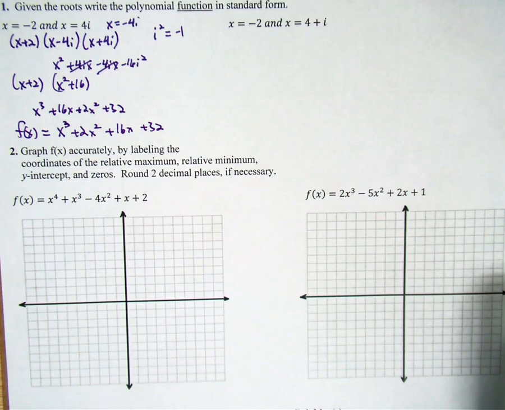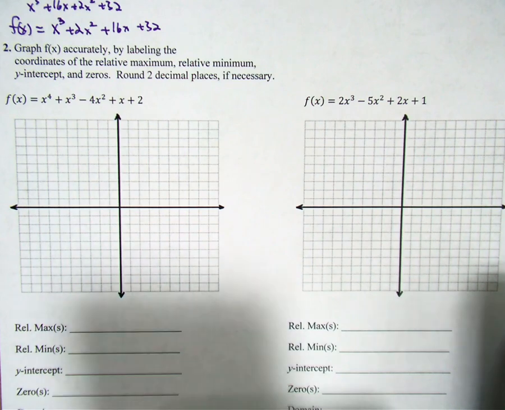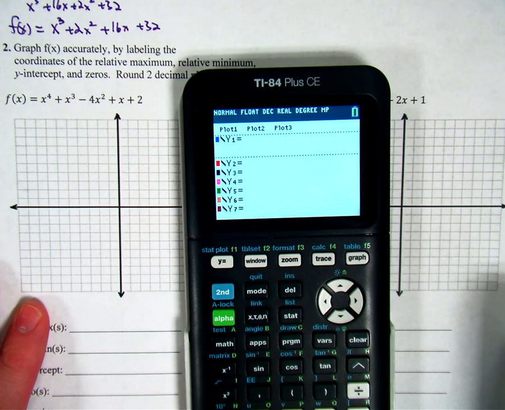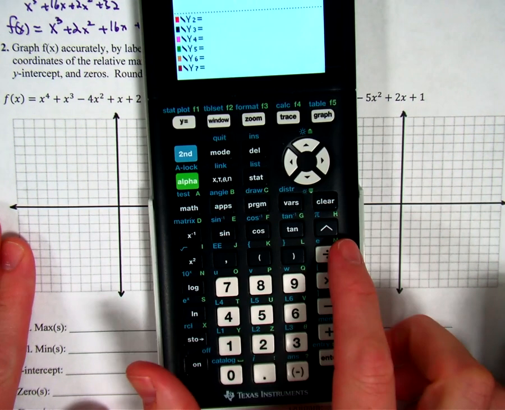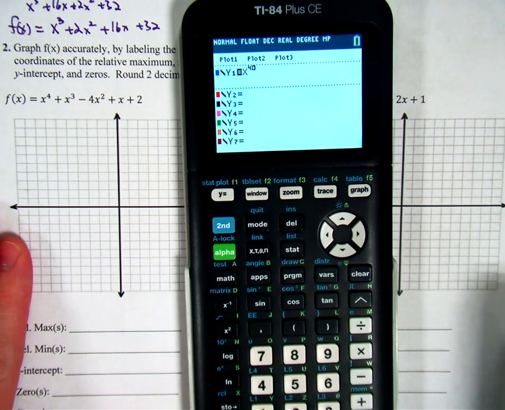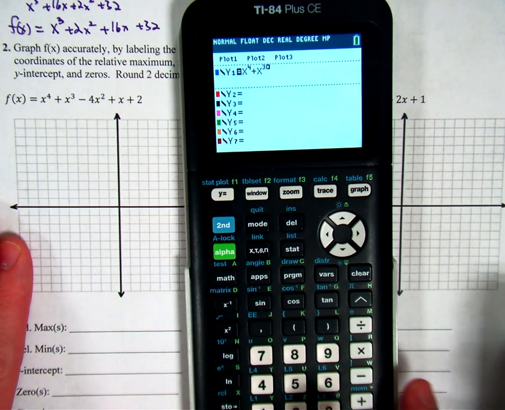Next problem. Graphing f of x and labeling all the coordinates of all these special points. So, typing this into the calculator, we have y equals x to the fourth, x, power button, 4, arrow down, plus x to the third, arrow over there, minus 4x squared, plus x plus 2.